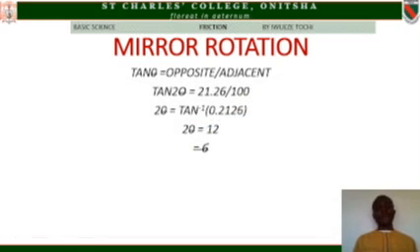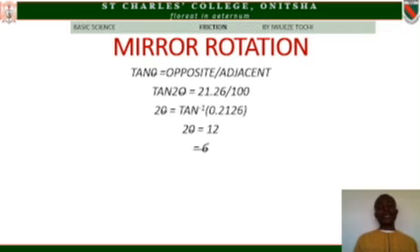To find the angle of the reflected ray, you make use of tan theta. Remember from your mathematics that tan theta equals opposite over adjacent. From the diagram, the angle there is 2 theta.